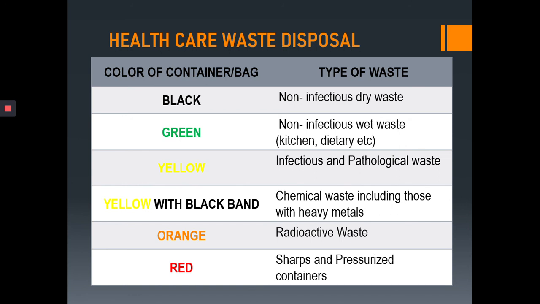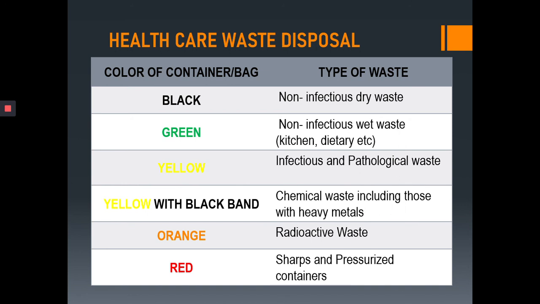So for black containers, we have non-infectious dry waste. So what are examples of non-infectious dry waste? We have papers, plastics, like that. Then we have green colored containers for non-infectious wet waste. Example, kitchen and dietary waste.